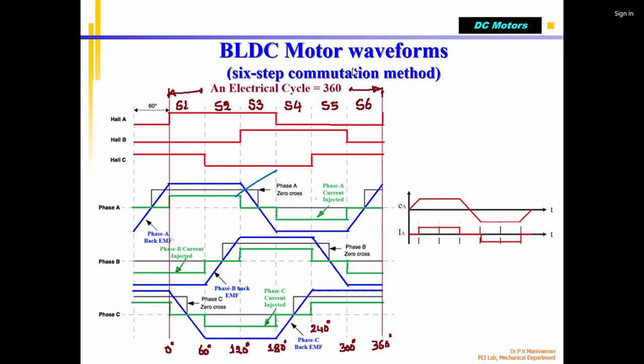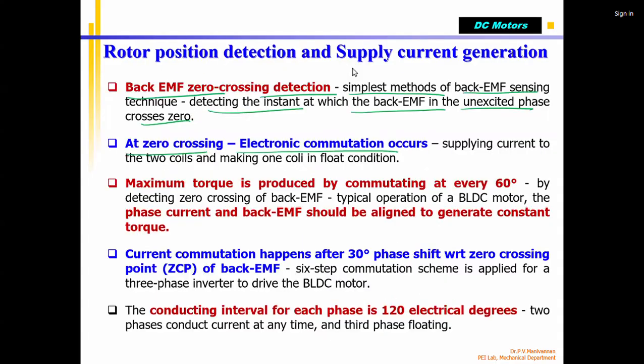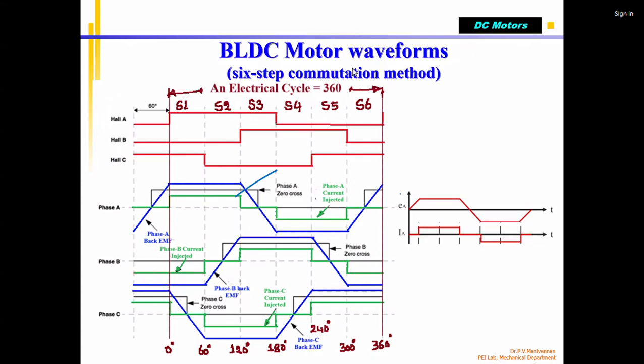This is coil A, with respect to the center point, the 0 volt reference. Whenever the trapezoidal voltage crosses this point, a pulse is generated, which is given to the ECU or motor controller. This is for phase A.